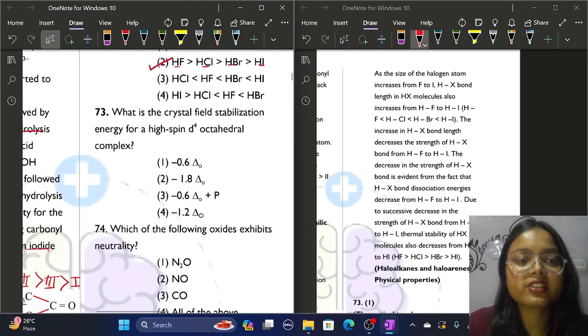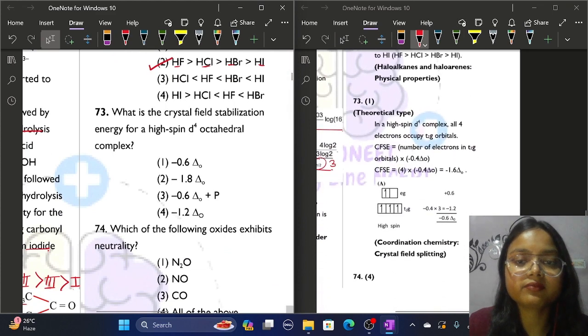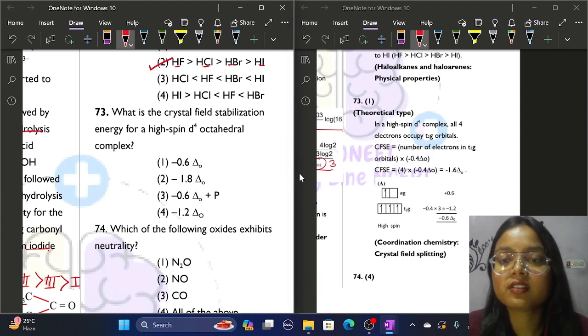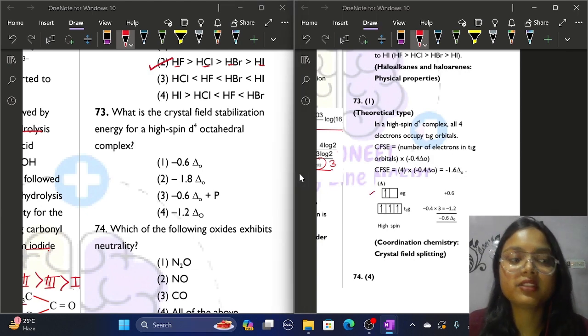For question number 73, what is the crystal field stabilization energy for a high spin d4 octahedral complex? Okay, for an octahedral complex, this is the Eg and this is the T2g.